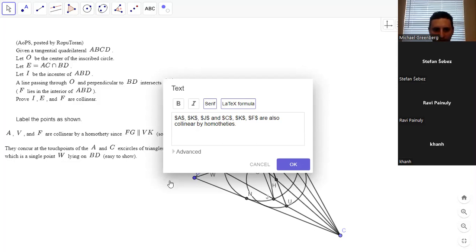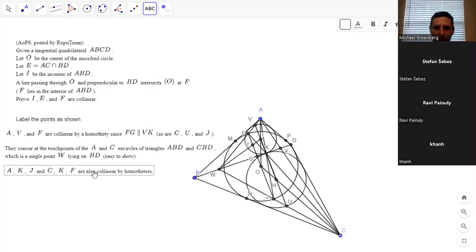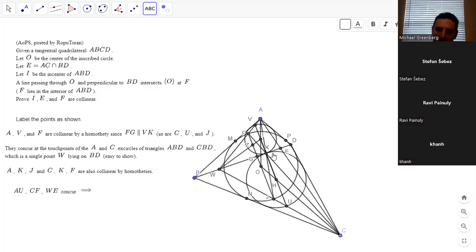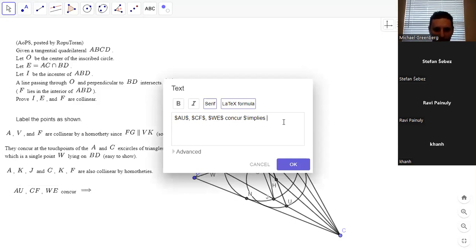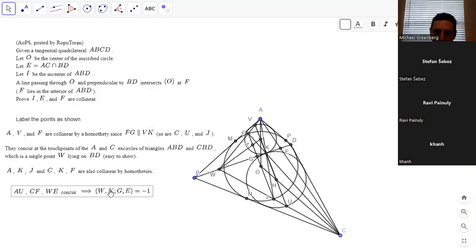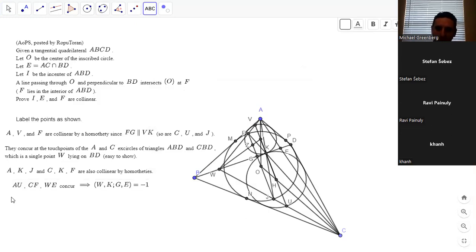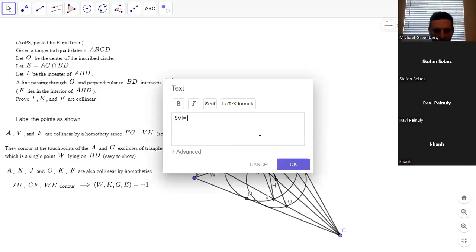All right. And then AU, CF, and WE concur, and that means that W, K, G, E is harmonic. And projecting through I, VI equals IK means that FZ equals ZG.